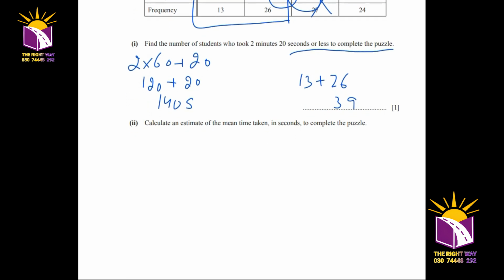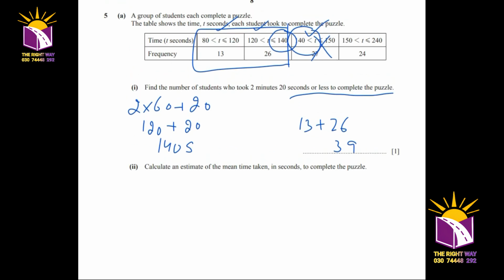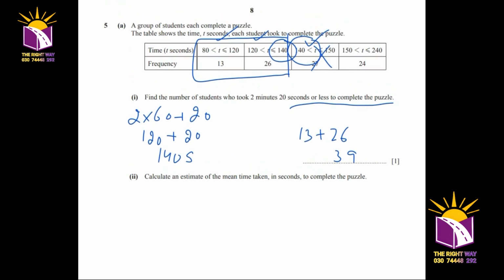Calculate the estimate of mean time taken in seconds to complete the puzzle. So I am going to calculate the mean time. First of all, I am going to find the x. How are we going to find the x?